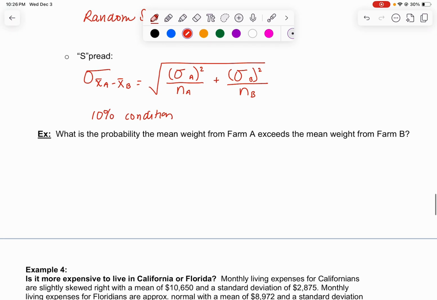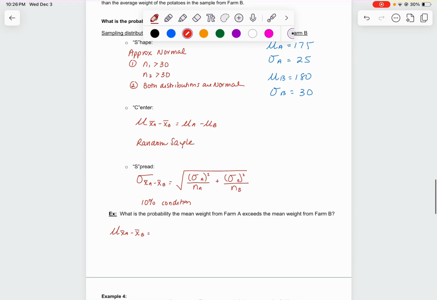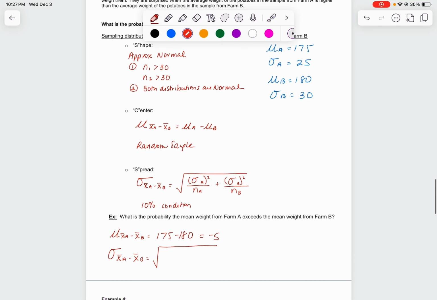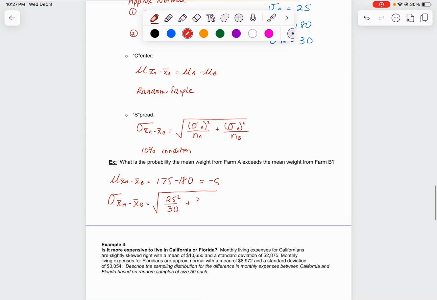So let's do the actual work. We have mu of X bar A minus X bar B, right? What do we expect as the average difference between the two? That's 175 minus, sorry, minus 180, which is negative 5. And we have the standard deviation of X bar A minus X bar B. This is the square root of 25 squared over 30 plus 30 squared over 30, all in a square root.